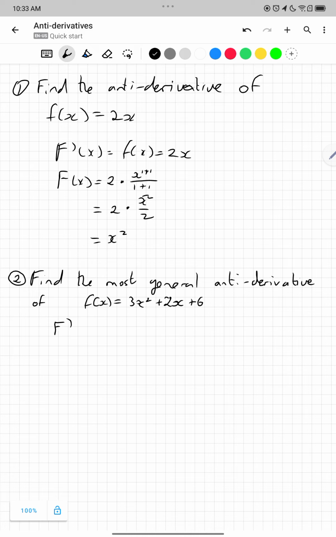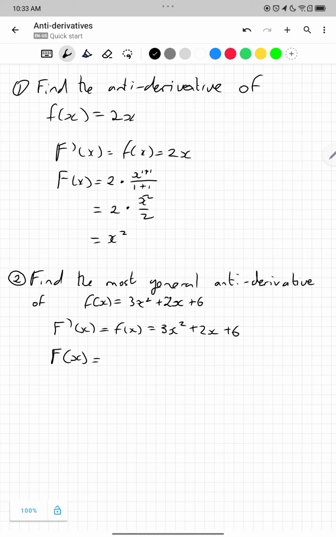You anti-derive each component singly. It's like when you're deriving a large polynomial: you derive each term of that polynomial separately, independently from the others.